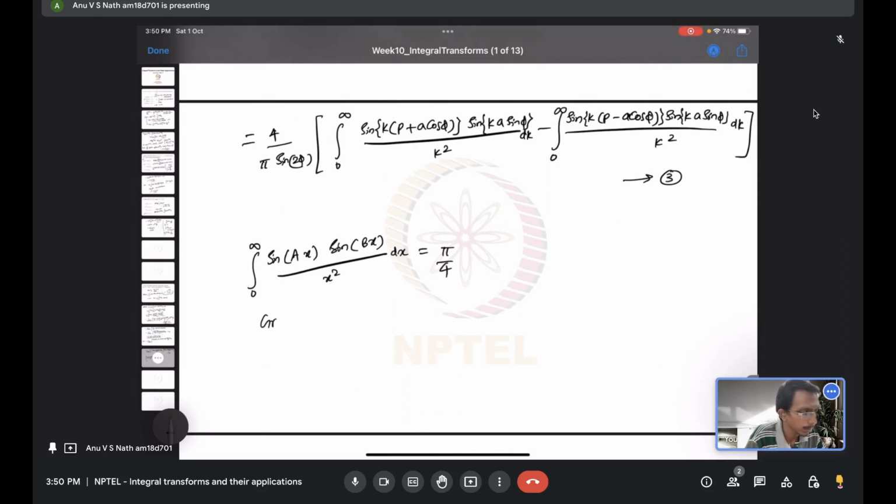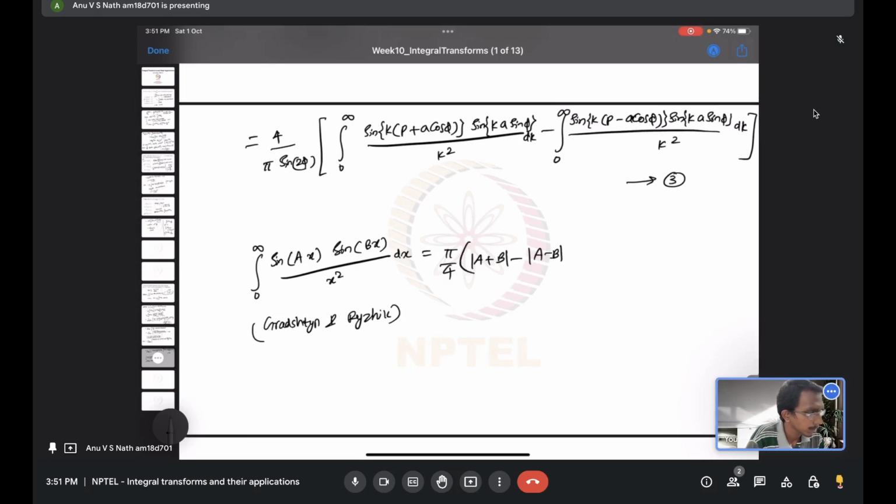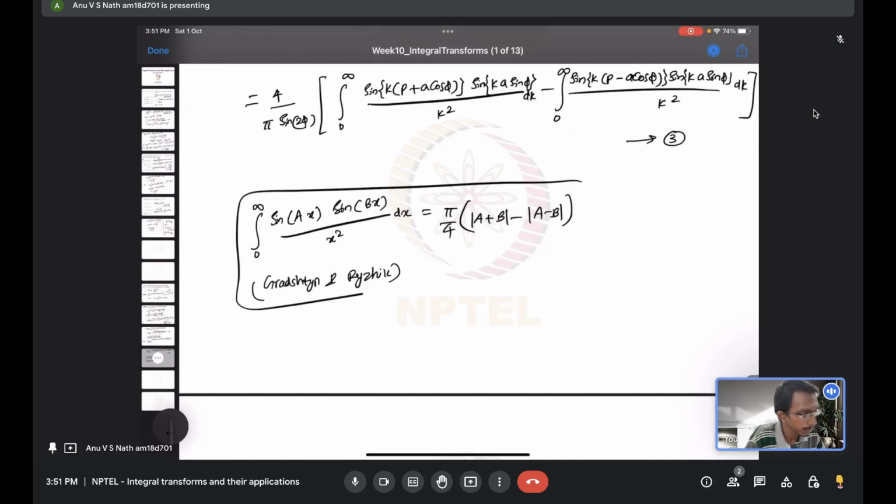Refer to Gradshteyn and Ryzhik, the book which contains the table of integrals. You can evaluate this, or you can find this value to be pi by 4 times the absolute value of a plus b minus the absolute value of a minus b. So this is the expression, and we will use that expression here.